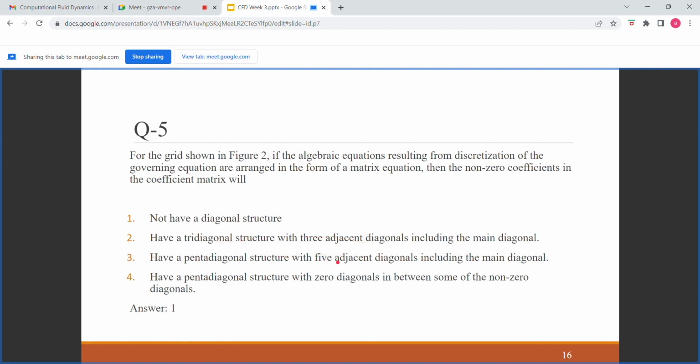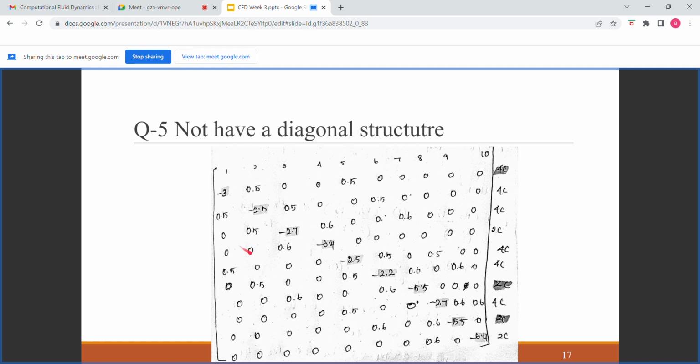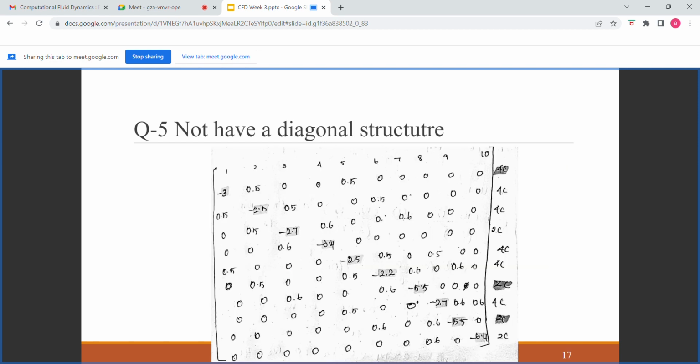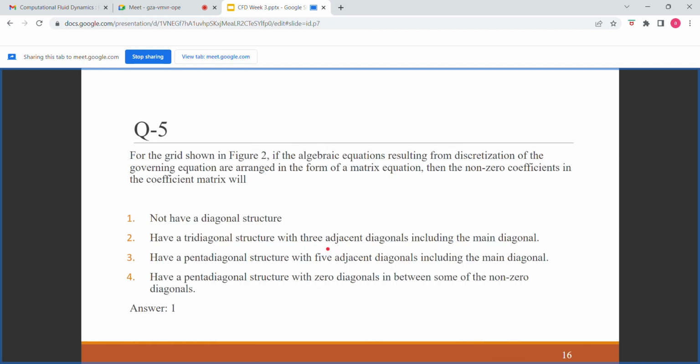It is obviously not forming a pentadiagonal structure either, whether together or with some zero diagonals in between the non-zero diagonals, because the row immediately below and above has some zero coefficients. So the answer to this question is they do not have a diagonal structure.